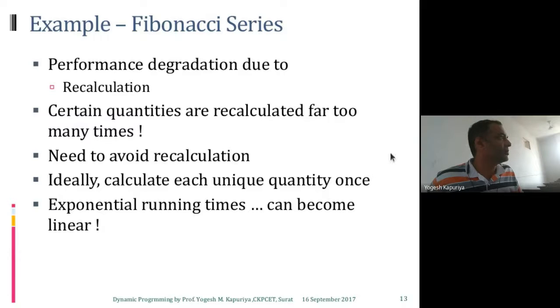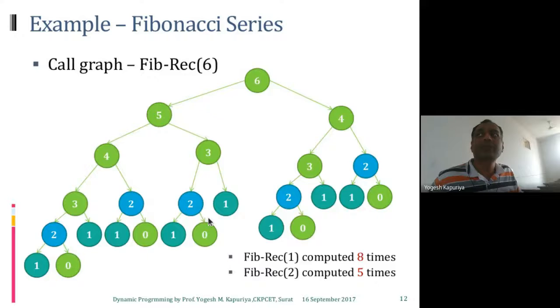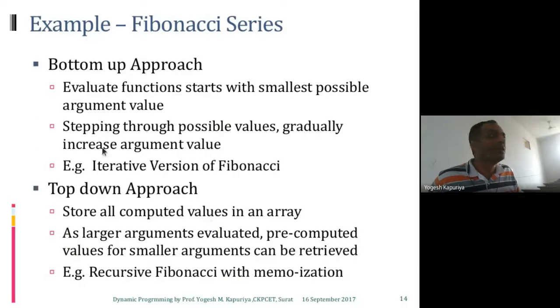Ideally, you should always calculate each value once only, and then preserve it. So that's why we require this bottom up approach. Sometimes, because of the simplicity of the top down approach, we always intend to use that approach only.